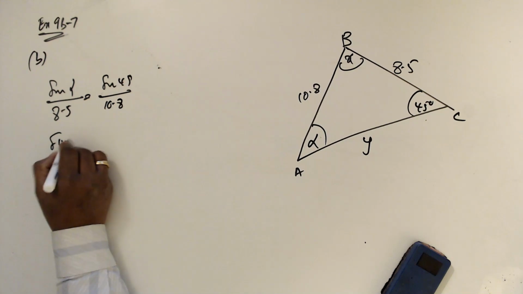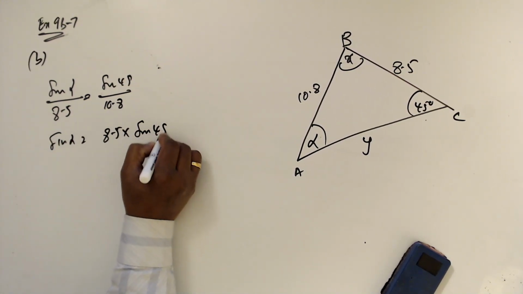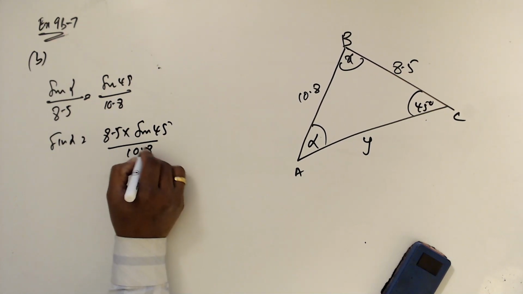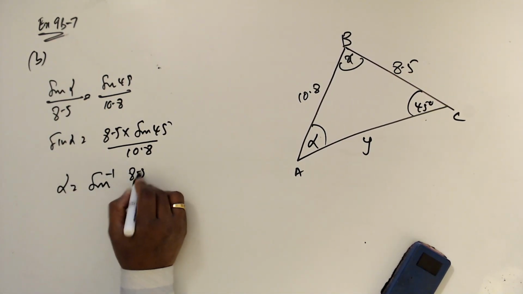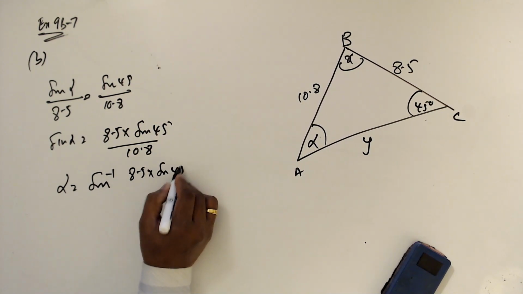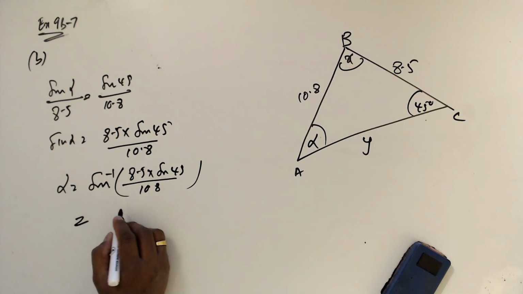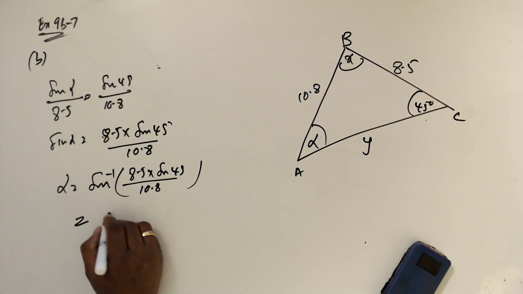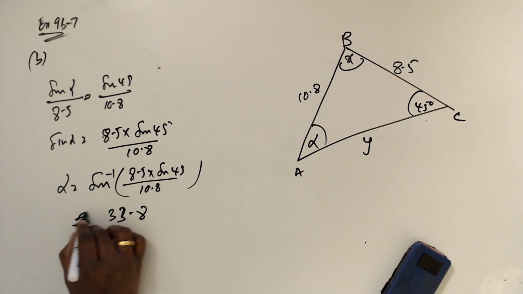So sine alpha equals 8.5 times sine 45 over 10.8. Alpha equals sine inverse of 8.5 sine 45 over 10.8. This is equal to 33.8 approximately.